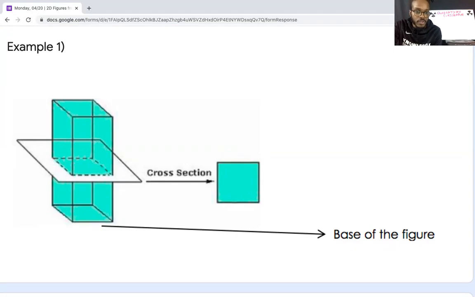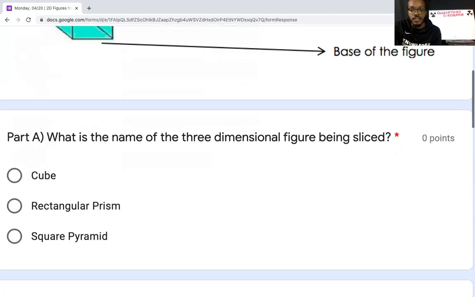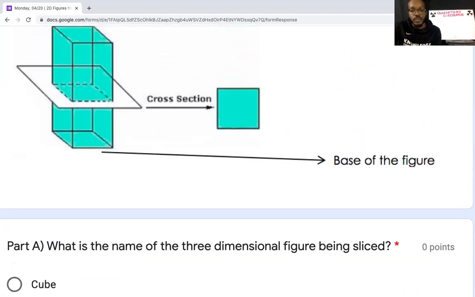The other thing that I'm noticing is that this plane that cuts through this prism is cutting parallel to the bases. So let's look at some questions to deepen our understanding. What is the name of the 3-dimensional figure being sliced?